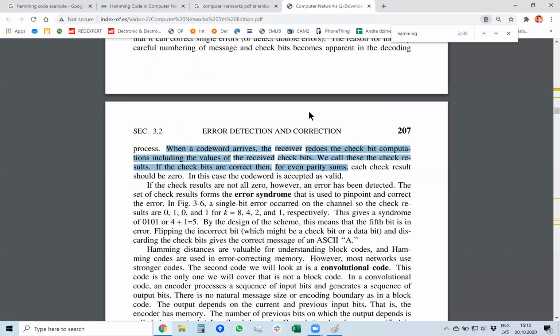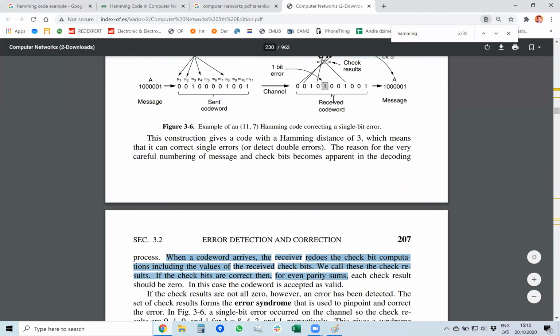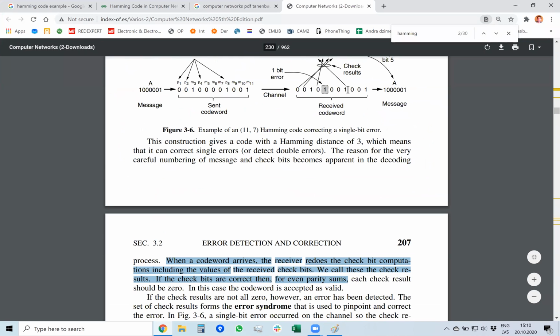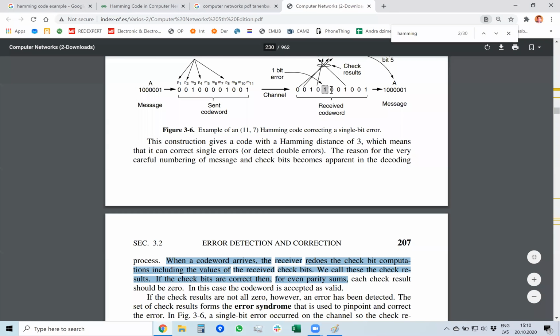So let's say we send the data, and of course, if we send the data without a mistake, then there's no error. But let's say we send data 1, 0, 0, 1, 0, 0.